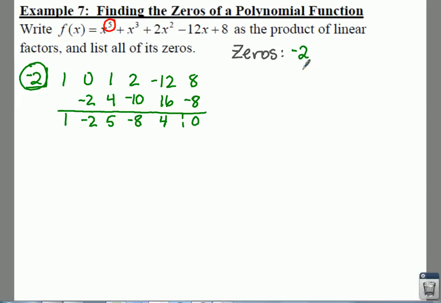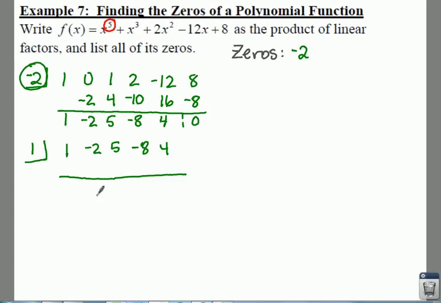Now do not use your original function to do synthetic division for your 1s. So what we're going to do is we use your depressed polynomial. So I'm going to say 1, -2, 5, -8, 4.